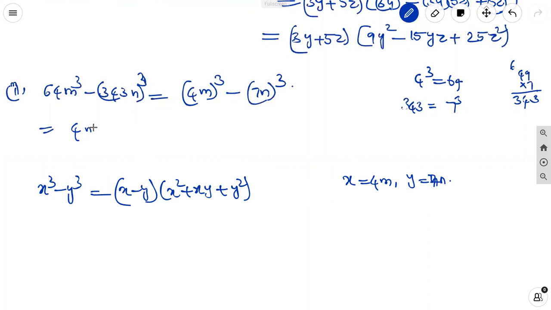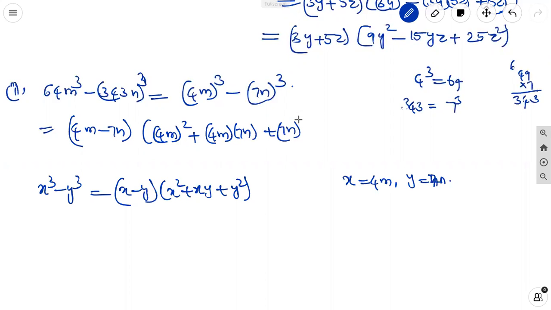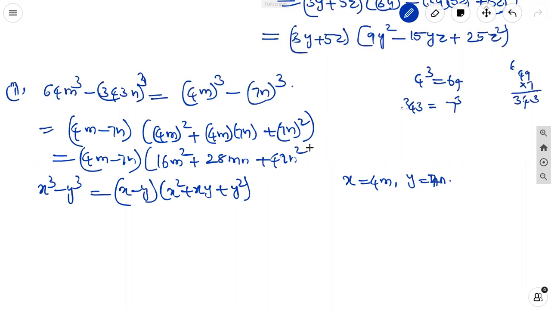Here 4m minus 7n into 4m whole square plus 4m into 7n plus 7n whole square, equal to 4m minus 7n into 16m square plus 28mn plus 49n square. These two are factors.